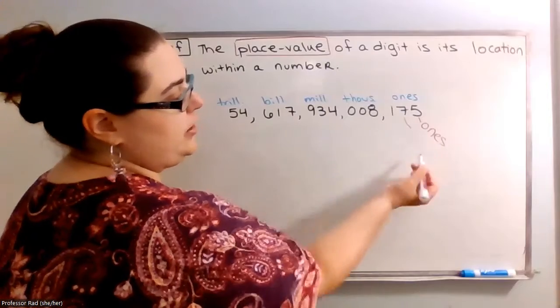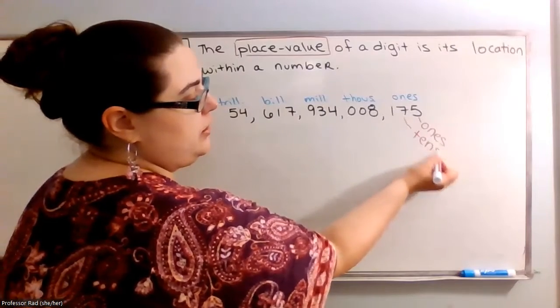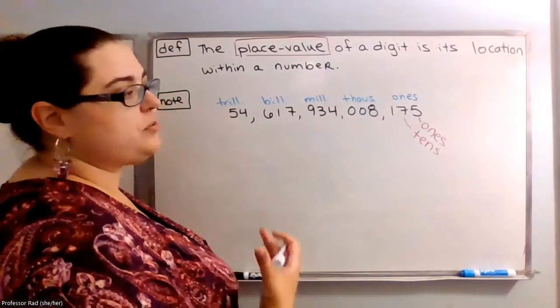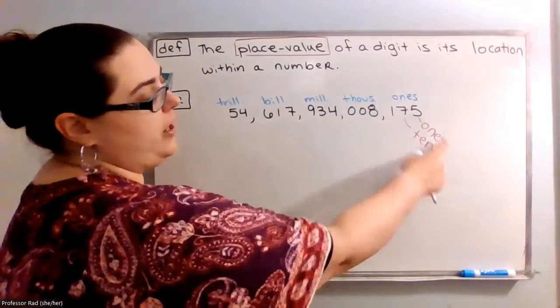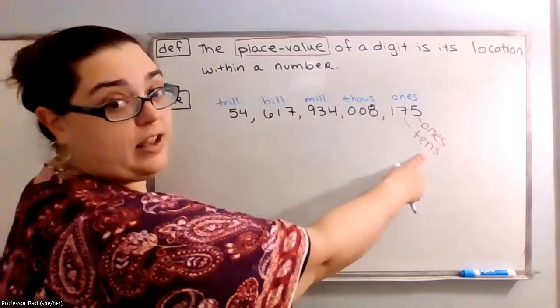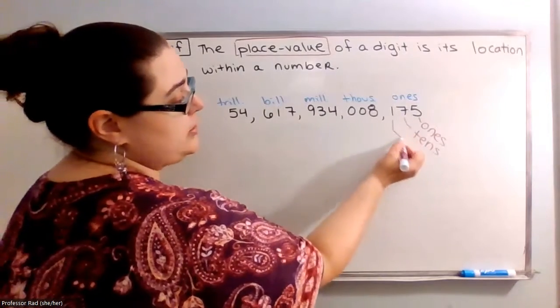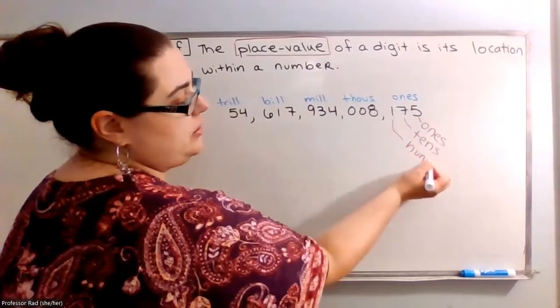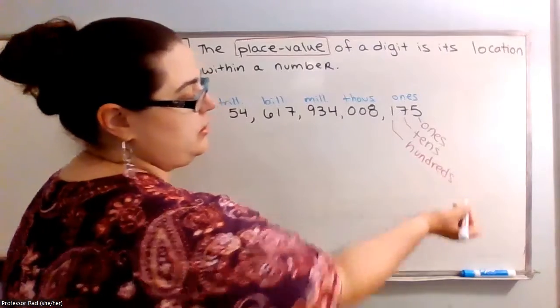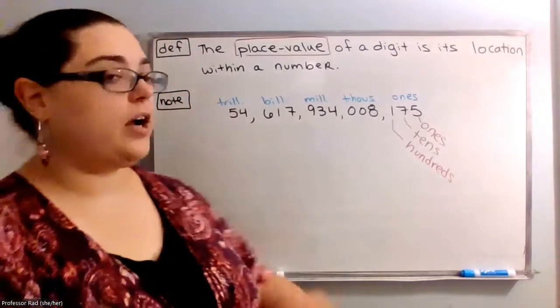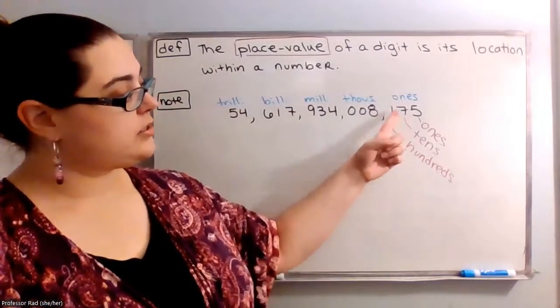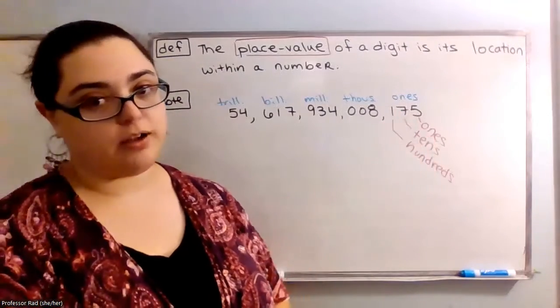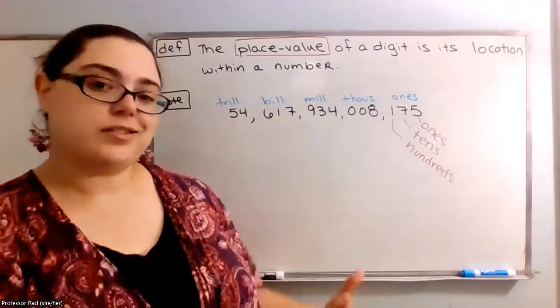Then the 7 here is in the tens place. The 7 is really representing 70 because we have 75. So you could give me 5 $1 bills and 7 $10 bills. And then this one is in the hundreds place. If you wanted to give me $175, you would give me 1 $100 bill, 7 tens, and 5 $1 bills. So that's our place value.